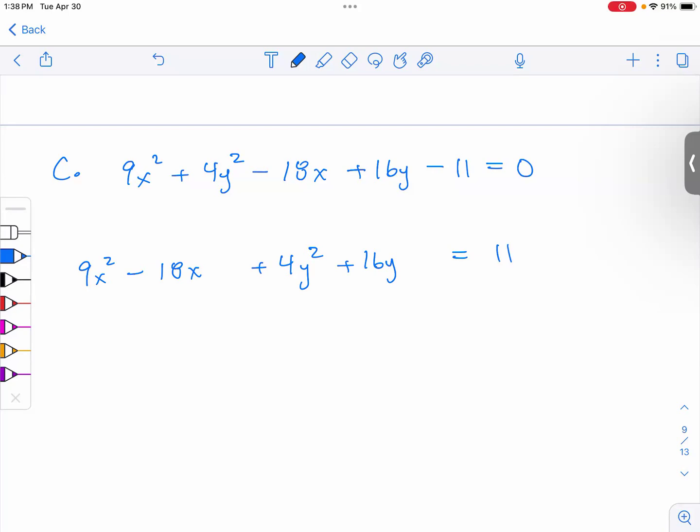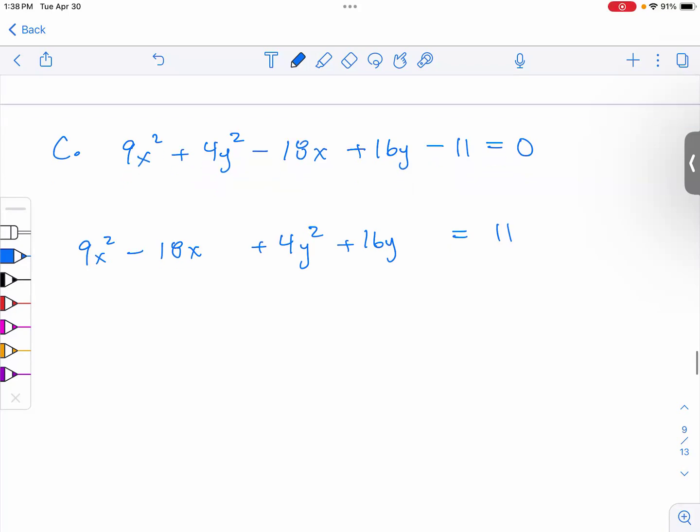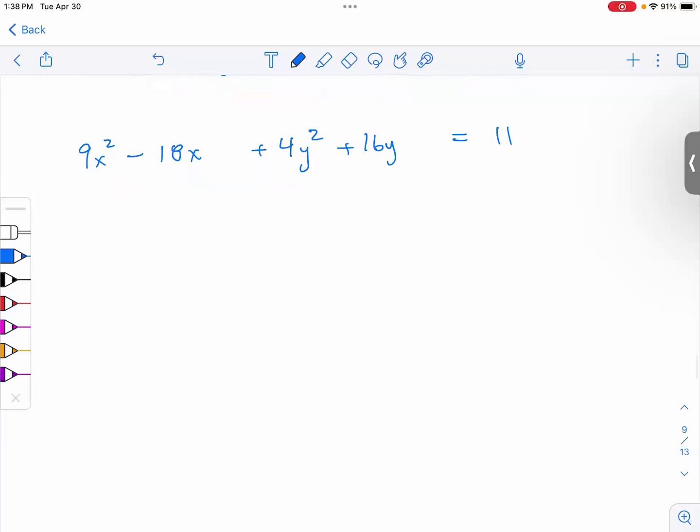And I don't need that 11, so I'm going to send that to the other side. And then this is the piece. Since I have X's and Y's with values in front of them, this is where the factoring comes into play. So I'm going to factor a 9 here. For the Y's, I'm going to factor a 4, whatever that term in front is.